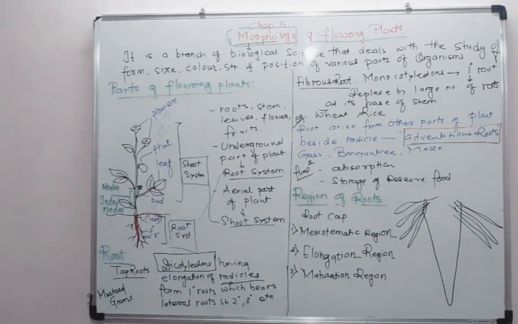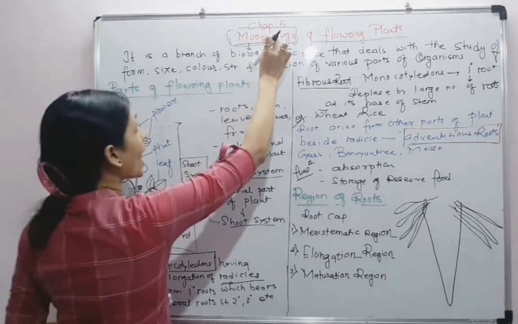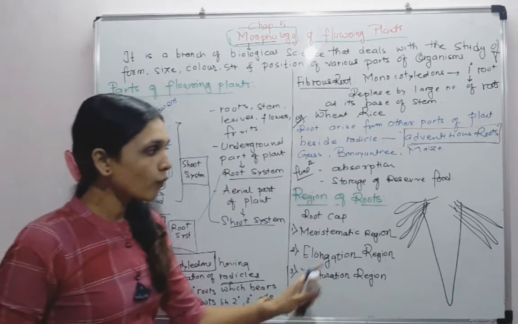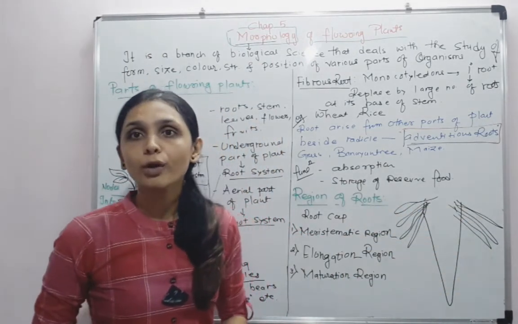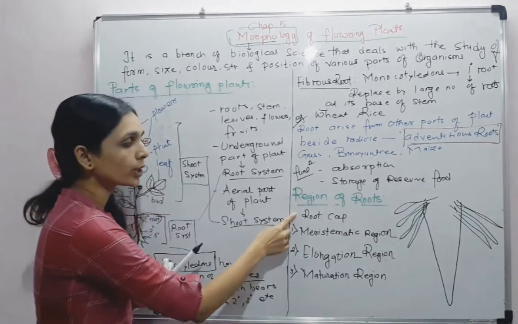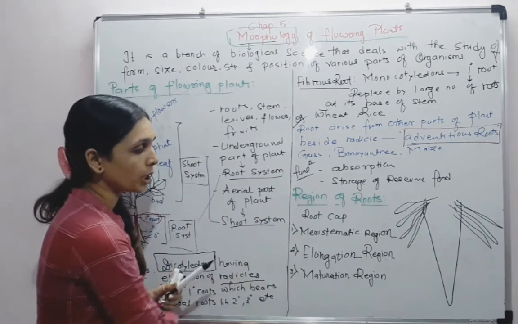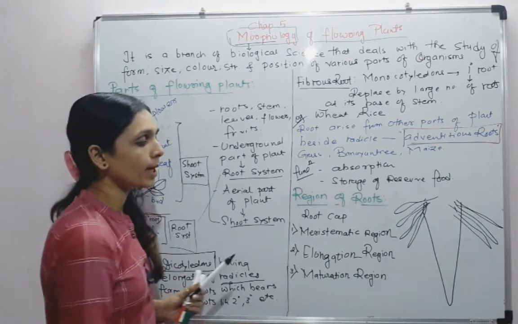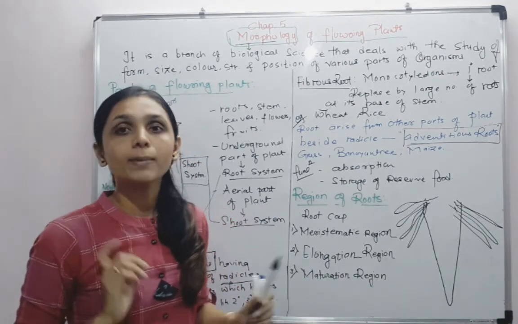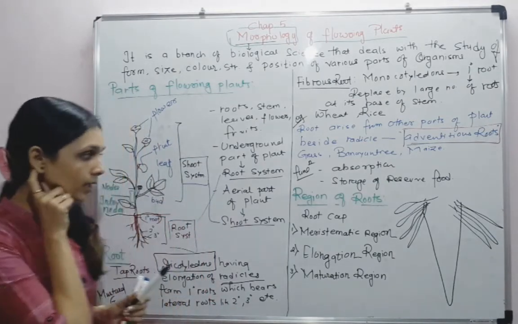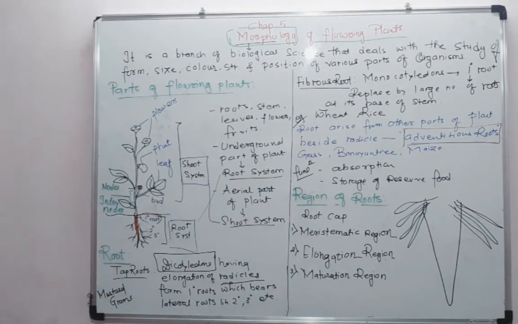Which are the regions present in the roots? We are studying morphology, the outer structure of root. So what are the parts present in the outer structure of root? We can say root cap, meristematic region, elongation region and maturation. Root cap, meristematic, elongation and maturation. It can be asked in a 2 marks question. Right. Okay. So region of roots.